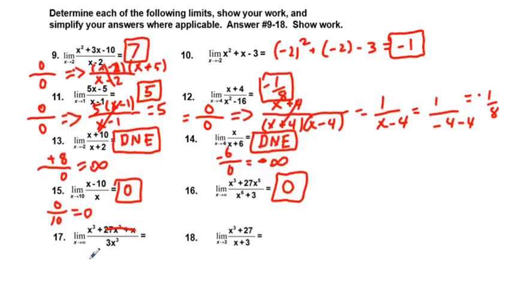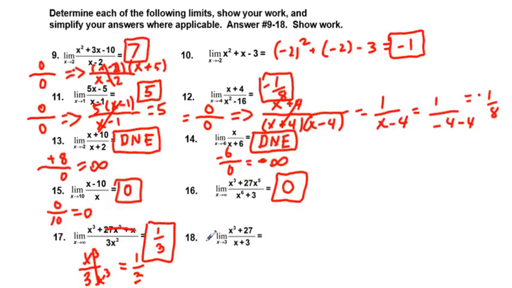So our answer is going to be x cubed over 3x cubed, and x cubed and x cubed cancel, so we're going to get a value of 1/3. And y equals 1/3 is the equation for the horizontal asymptote of this function.